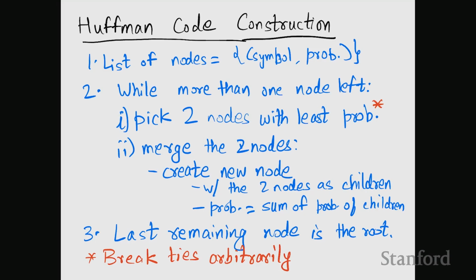Yeah, correctly suggested that you could use a heap or a priority queue, which is a data structure where you can always pull out the lowest thing or the highest thing, depending on the type of heap or priority queue you're using. If you're not seeing those, it's fine. You should just be aware. There is an inefficient way, right? You take the list of nodes, you sort it, you take the 2 lowest ones.